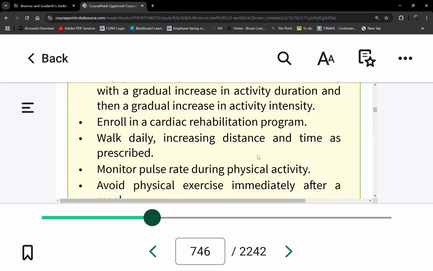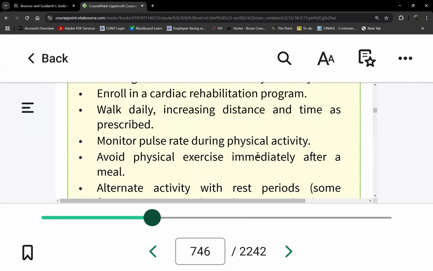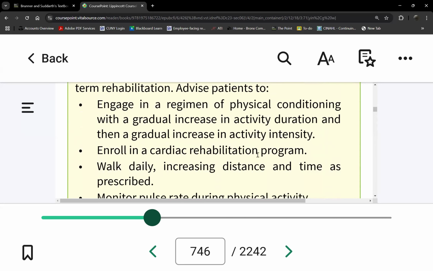For exercise, by the way, the basis for the resumption of their usual activities of daily living, including sexual activity, is whether they can climb 2 flights of stairs or walk 1 block with no shortness of breath. What are they again? If they can walk 1 block or climb 2 flights of stairs without dyspnea, without symptoms, then they can resume normal activity.